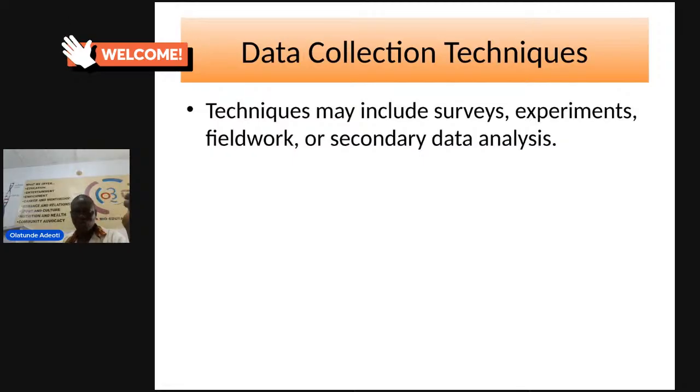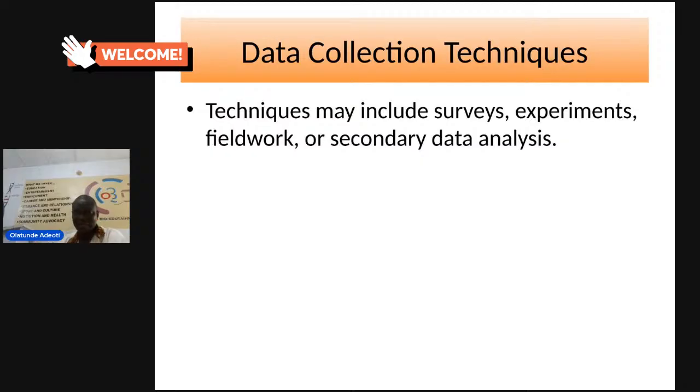Then chapter 2 will be an intensive review of literature. That is, you collect different journals and articles together, you read them, then you'll be able to extract what you actually need from them.